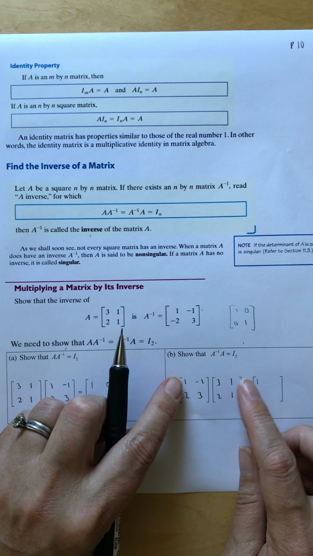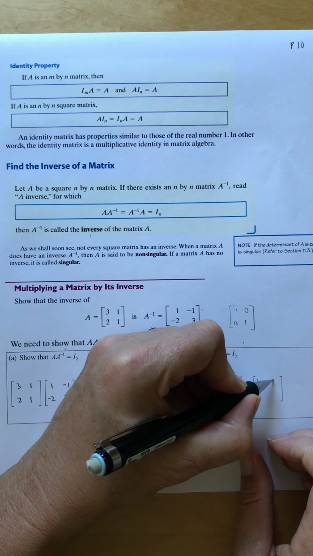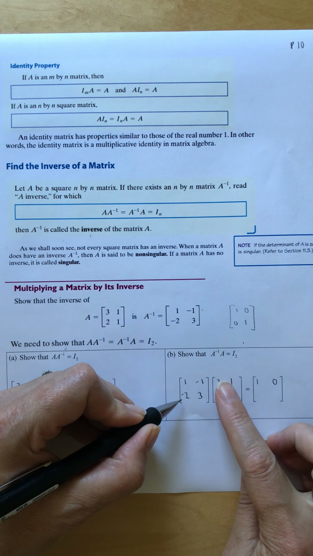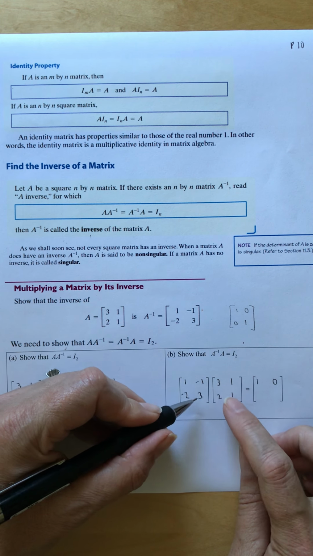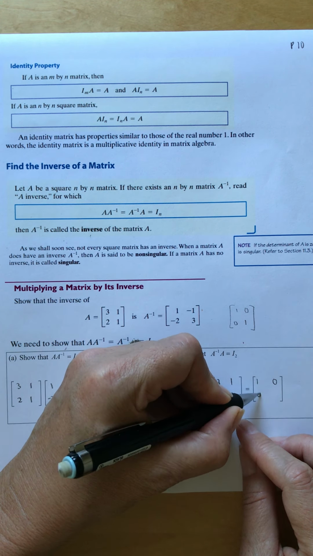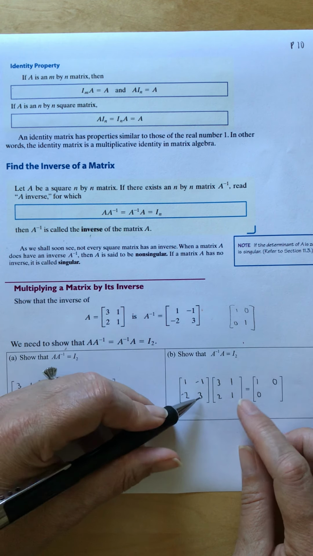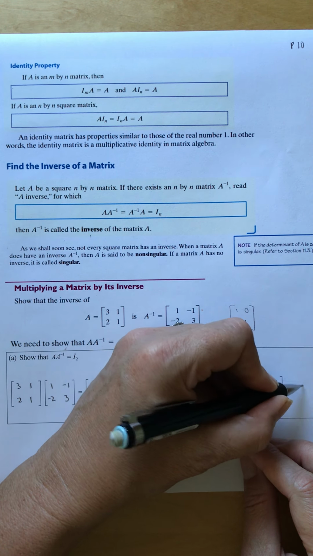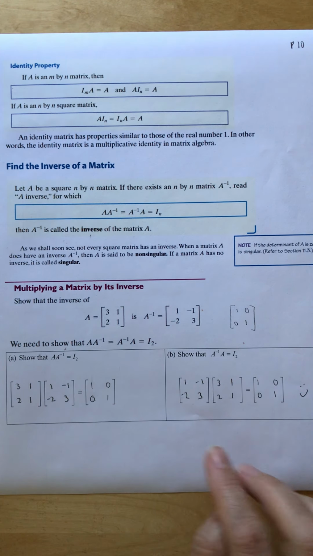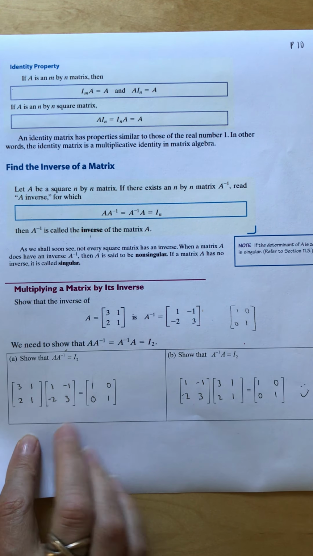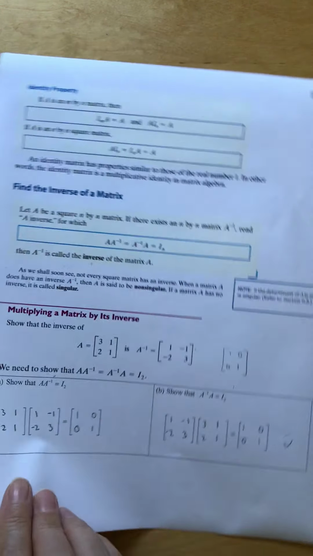Row 1, column 2, 1 minus 1. Negative 6 plus 6, negative 2 plus 3. So these two matrices are inverses because if I multiply them, I get the identity matrix.